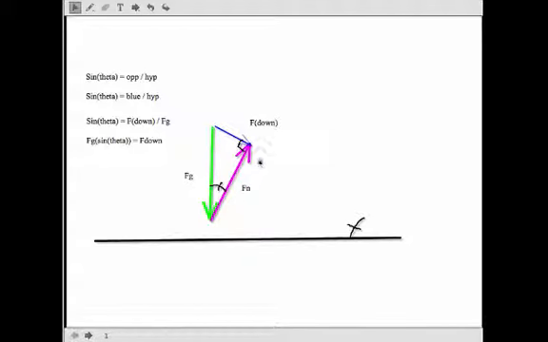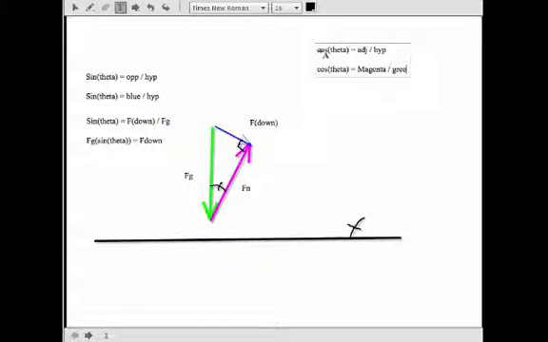And then the other one would be the F_n right here. What could we do about that? Well, going back to trigonometry, we know cosine theta is adjacent over hypotenuse. So we could do the same sort of thing for F_n. We could say cosine theta equals adjacent divided by hypotenuse. So therefore, cosine theta is equal to the magenta divided by the green line in this drawing.